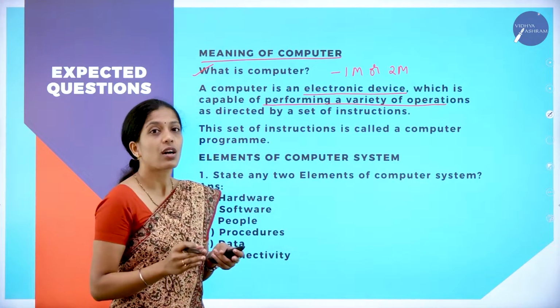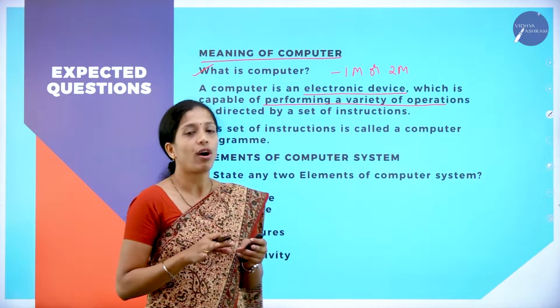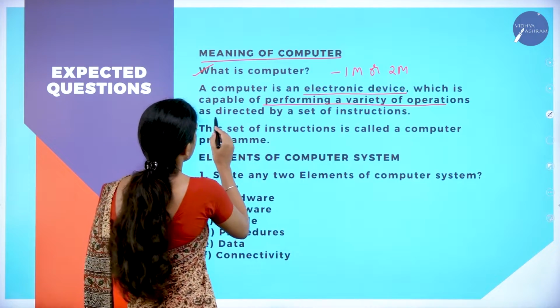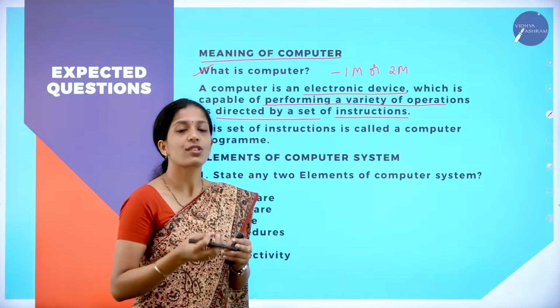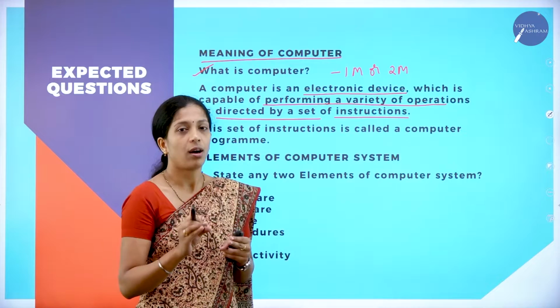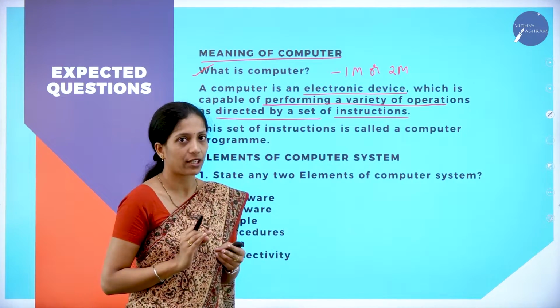So computer is not confined only to certain activity. It performs variety of operations as directed by a set of instructions. How is the user going to direct the computer? By giving some instruction. On the basis of that, computer performs variety of operations.